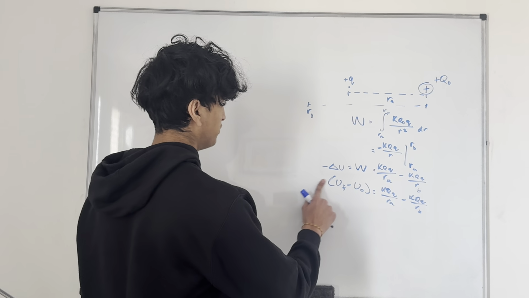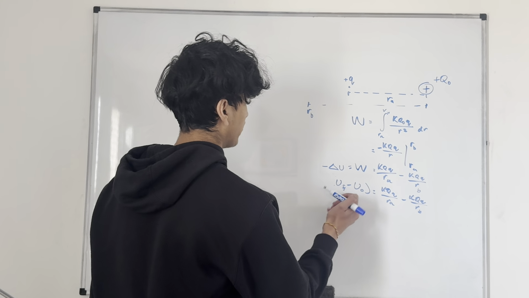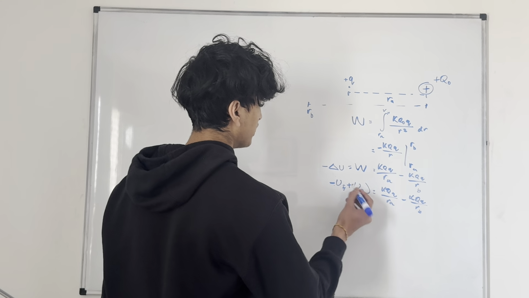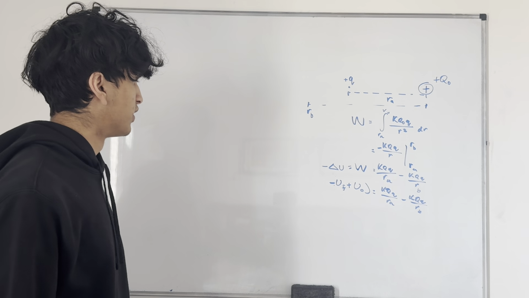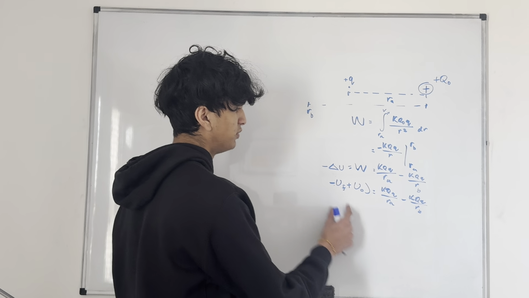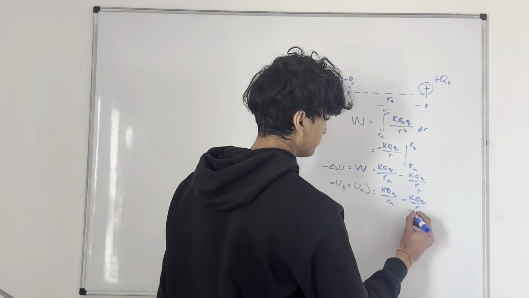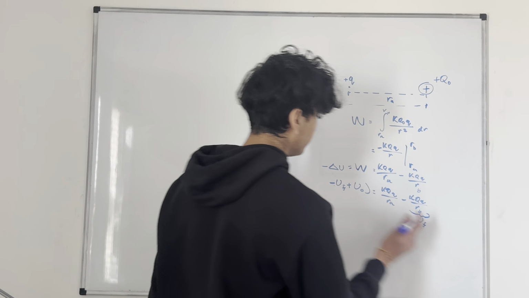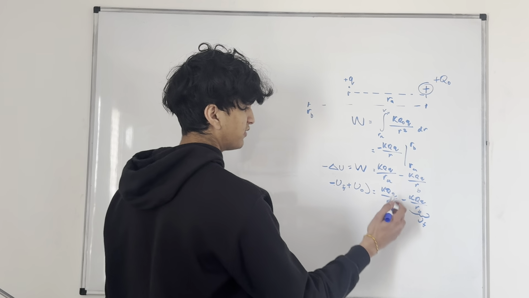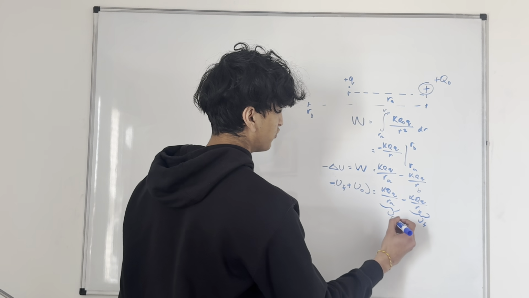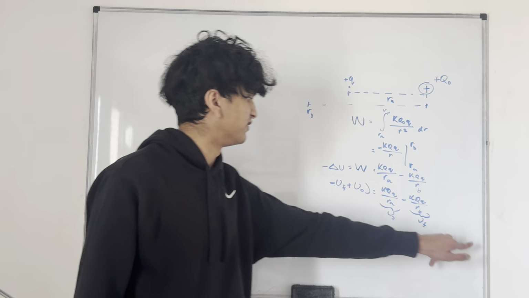So I guess we should distribute the negative. We get negative U final plus positive U initial, so you can see this would fit U initial minus U final.